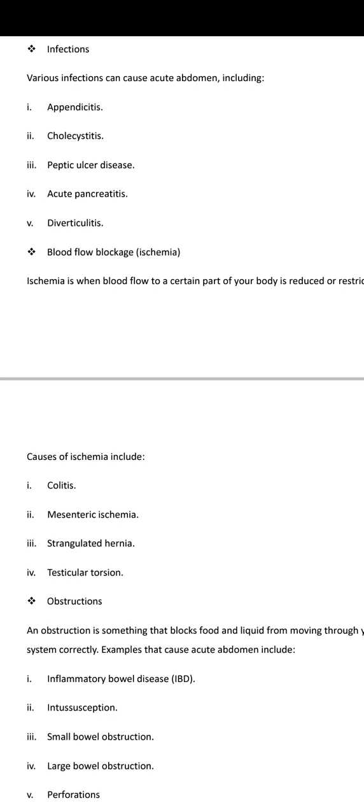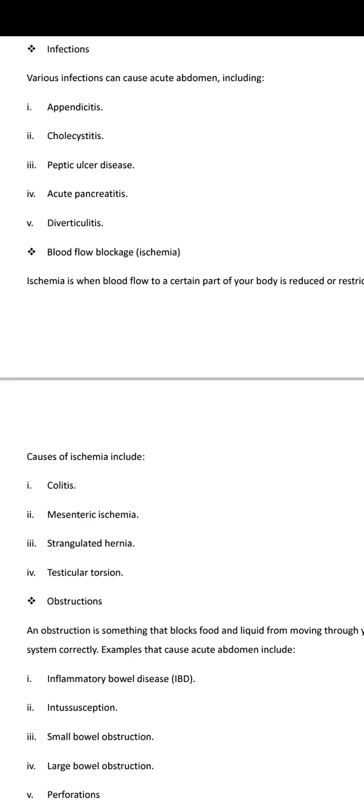The organ is moving from where it's supposed to be into another region. That's what we call a hernia. It's a protrusion. Now a strangulated hernia is the one which you cannot reverse. It has gone into another area, and you cannot bring it back.